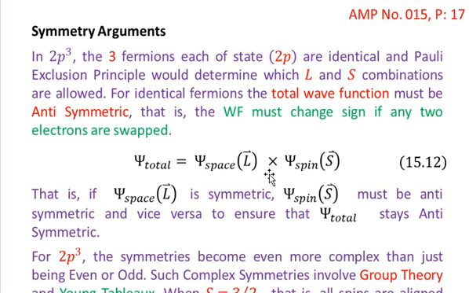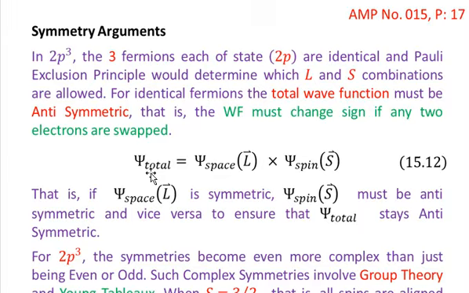So in equation number 12, we have the two wave functions being multiplied on the right hand side, giving the total wave function psi total. If psi total is antisymmetric for a given value of capital L and a given value of capital S, then those states for that value of L and S will be allowed. Otherwise, the term state will not be allowed.